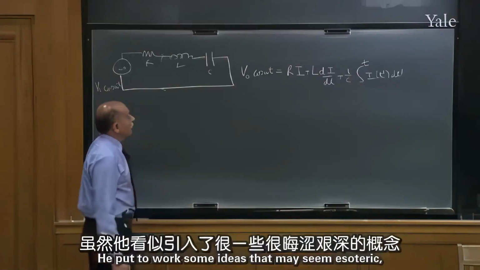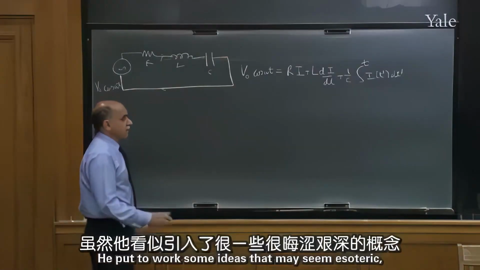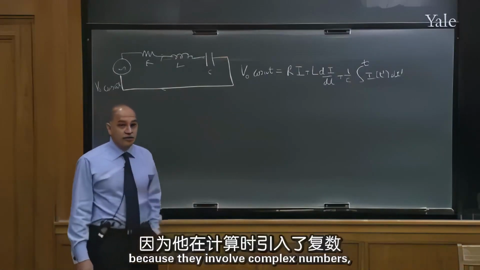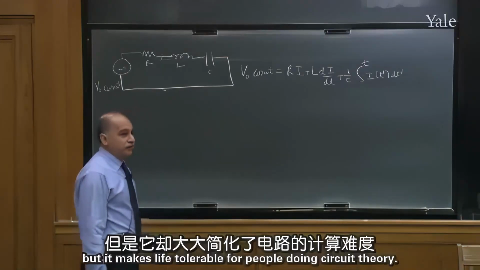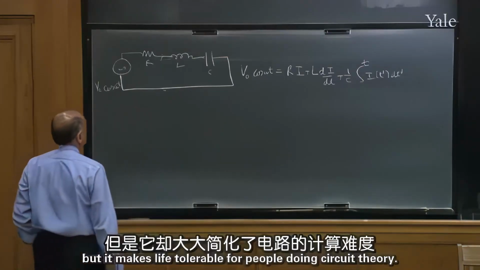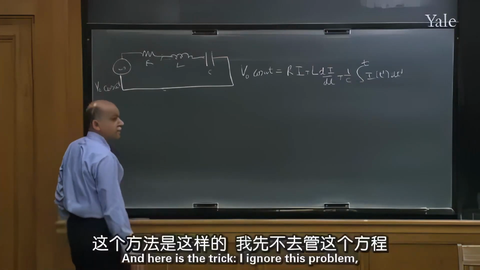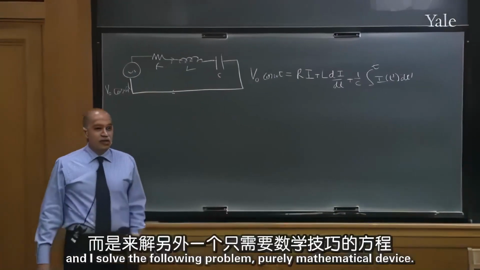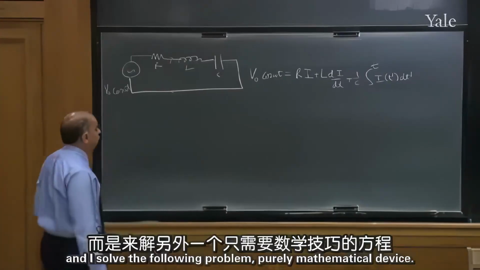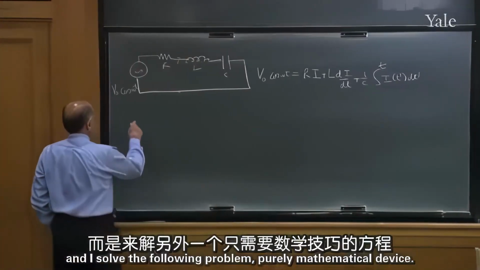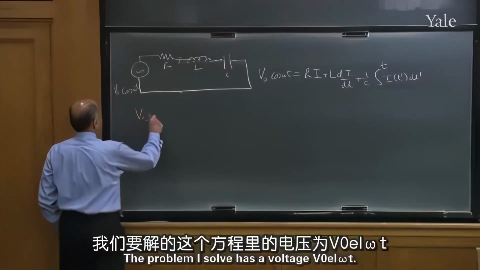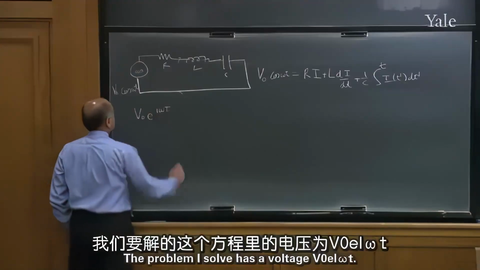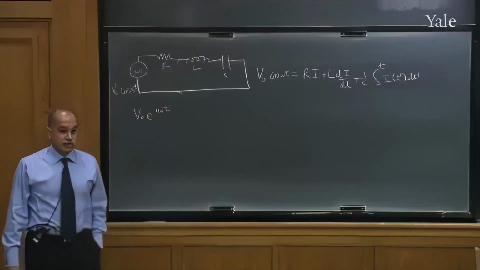He put to work some ideas that may seem esoteric because they involve complex numbers, but it makes life tolerable for people doing circuit theory. And here is the trick. I ignore this problem, and I solve the following problem. Purely mathematical device. The problem I solve has a voltage V naught e to the i omega t.